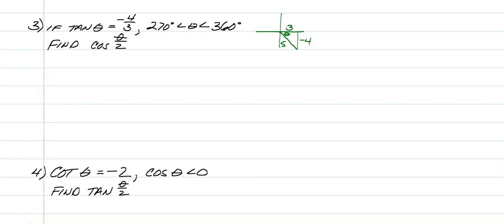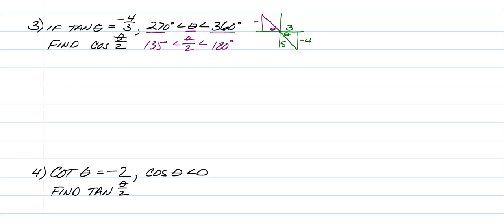If theta is between 270 and 360, you need to cut everything in half, and half of theta is going to be between 135 degrees and 180 degrees. So our half angle is going to be in quadrant 2, and cosine is negative in quadrant 2, okay? But here's the part.